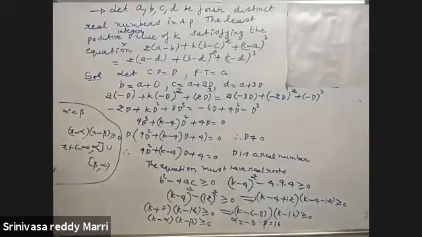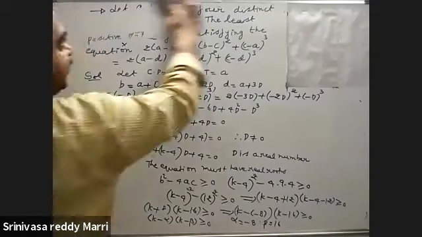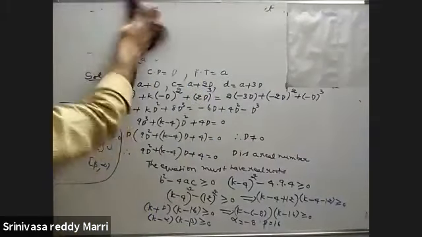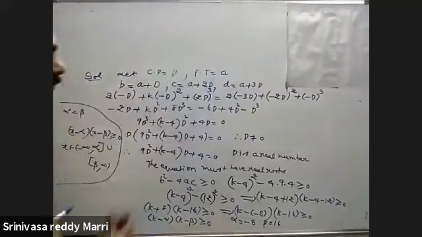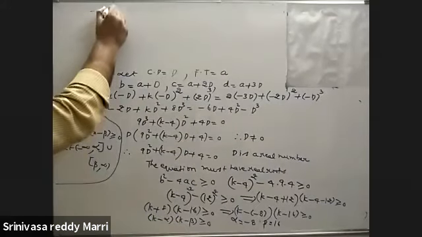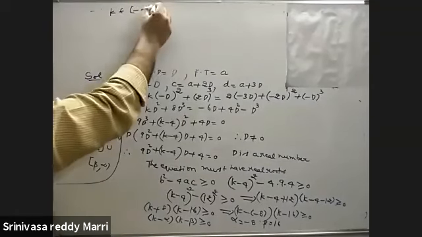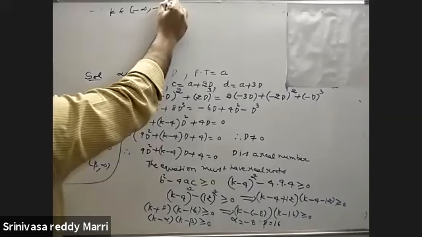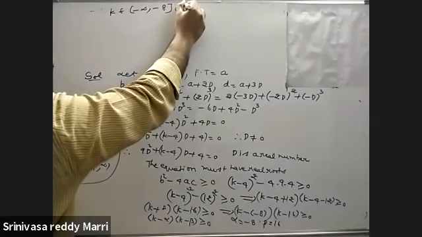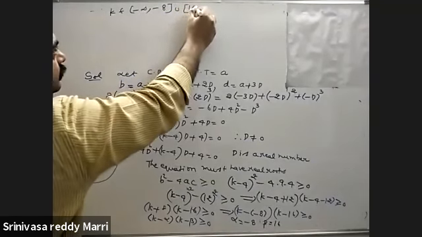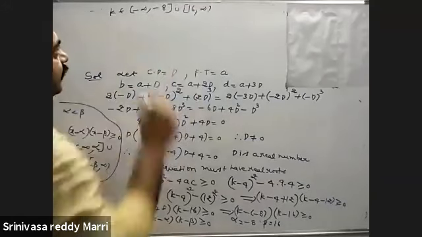So what is the answer? K belongs to minus infinity comma alpha union beta comma infinity. Whenever the quadratic inequality will come, you write in the form x minus alpha into x minus beta. So k belongs to minus infinity comma minus 8 union 16 comma infinity.